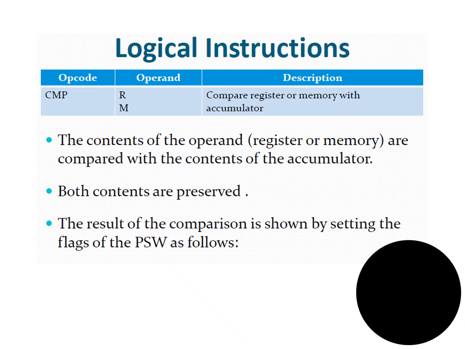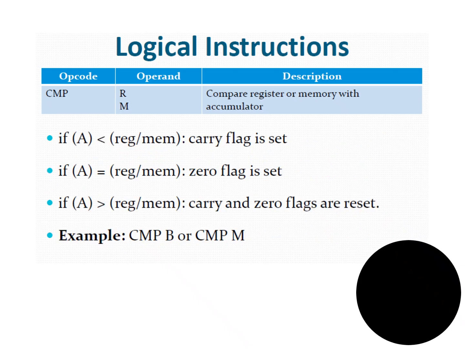Okay, here the value will not be changed in the particular register. Apart from that, your flag register will be changed. Okay, so here is the condition. If A is lesser than the register or memory, whatever is represented as the destination, the carry flag will be set. If A is equal to the register or memory, that is the destination, the zero flag will be set.